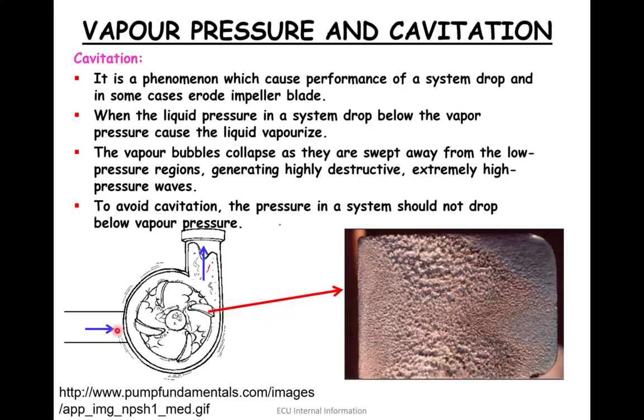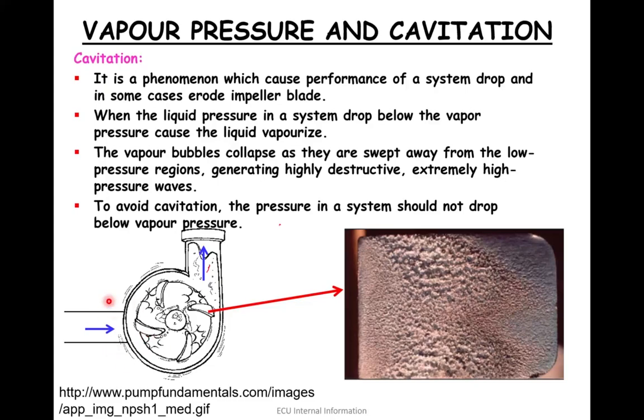So what we need to do to protect against that is make sure, when we do our designing, that in this region the low pressure or suction pressure does not go below the vapor pressure. Please note, that means pressure here should not fall below vapor pressure.